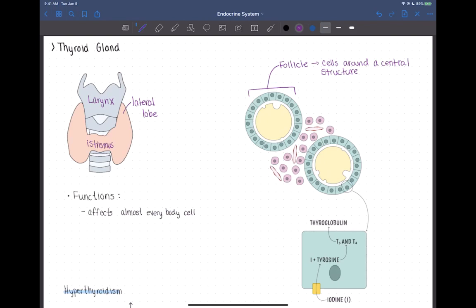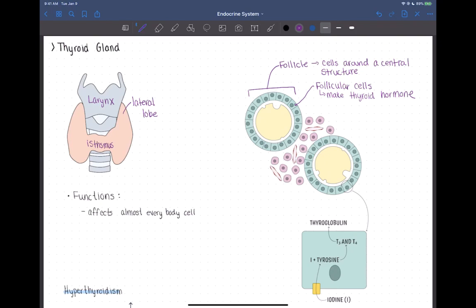Okay, and so then the cells around the central structure are called follicular cells. So that would be these cells right here. They look kind of cuboidal in shape. All right, so these would be follicular cells. And so in the thyroid gland, the follicular cells, their job is to make and secrete that thyroid hormone. Okay, so these follicular cells make thyroid hormone.